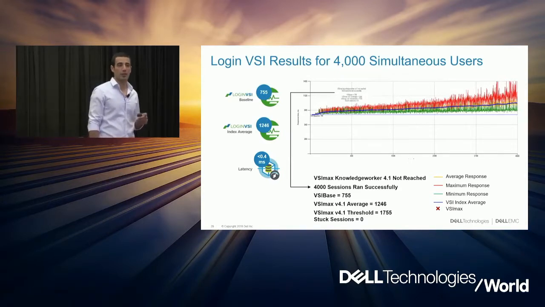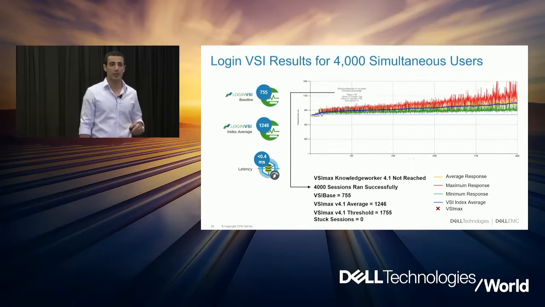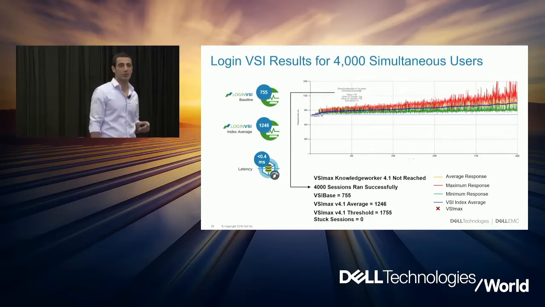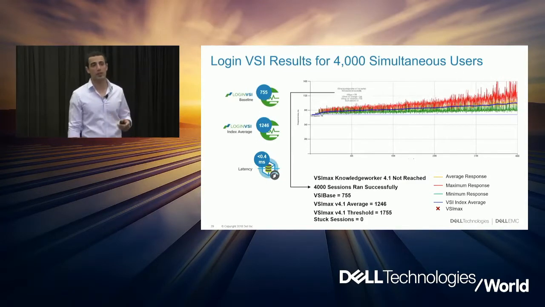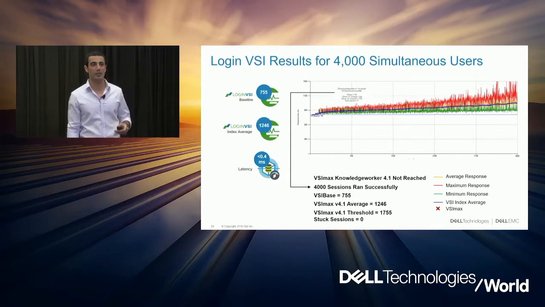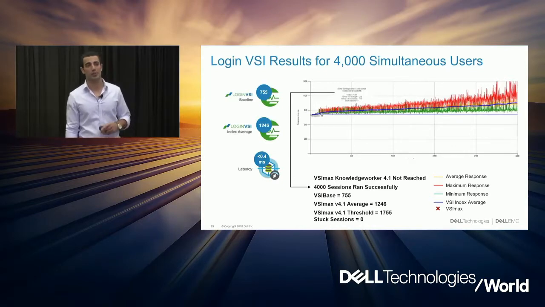Another term that we can see here is the VSI max average, which is a very great number for this large amount of users. You can find more performance comparisons on the Login VSI site and compare them to our X2 results.